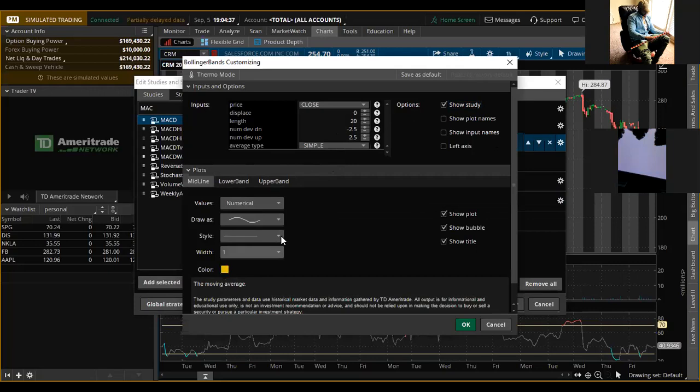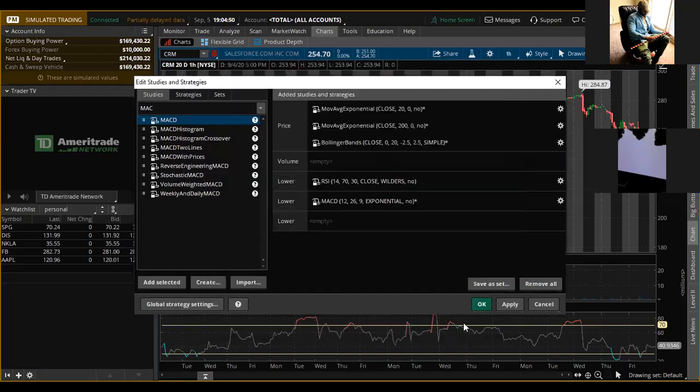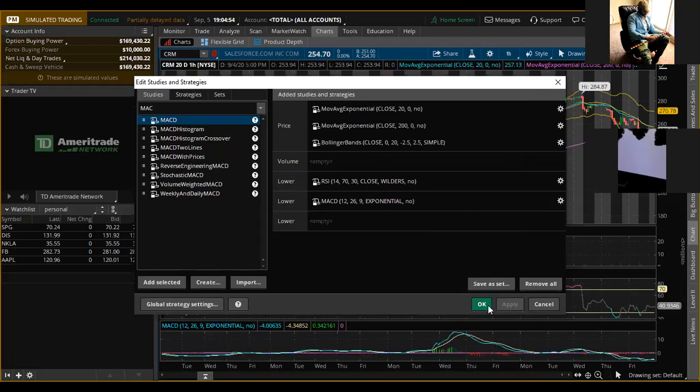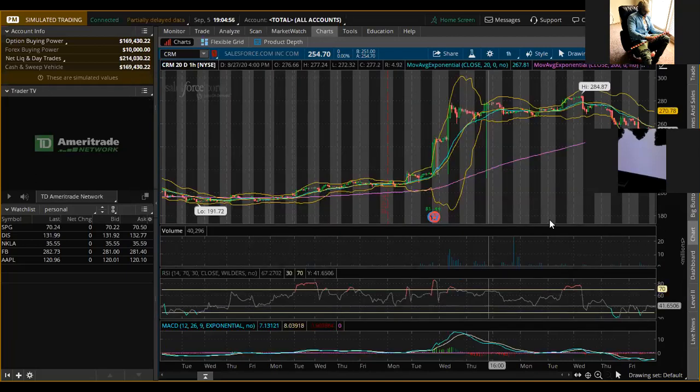And then I'm gonna change all these colors to the same. Apply. So that's how my charts look when I start off.